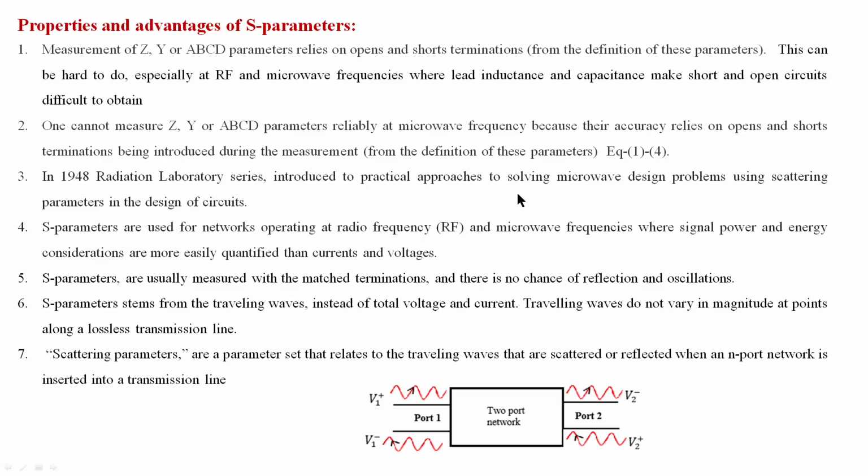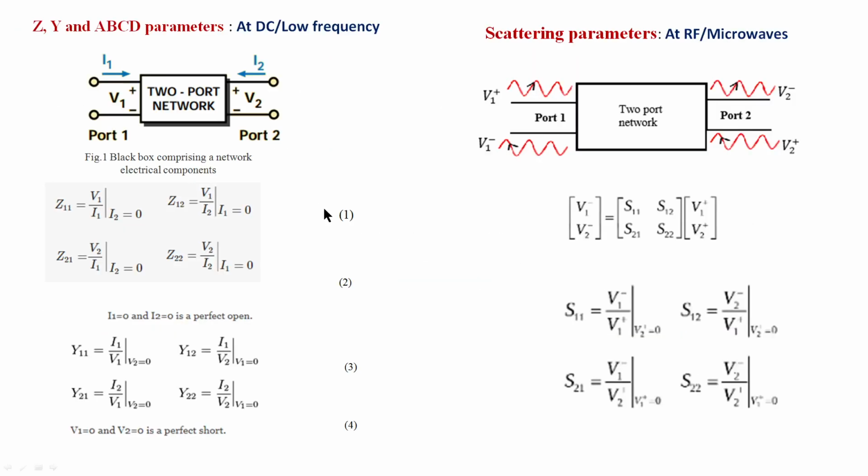Instead of ABCD, Z or Y parameters, we go for S parameters like this. They are called scattering parameters, similar to this, but called scattering parameters, at RF and microwave frequency.